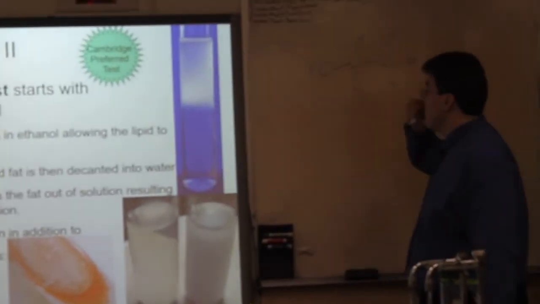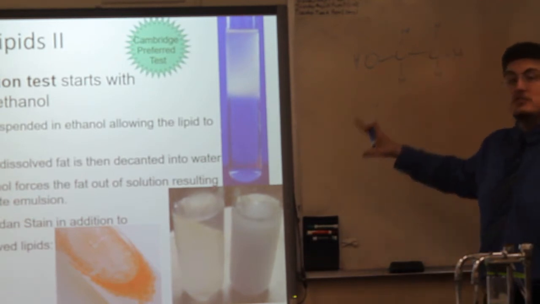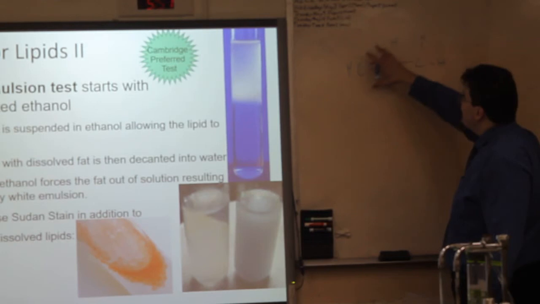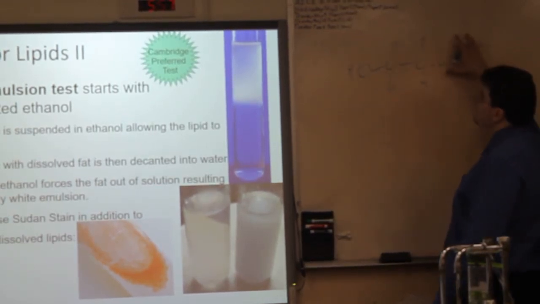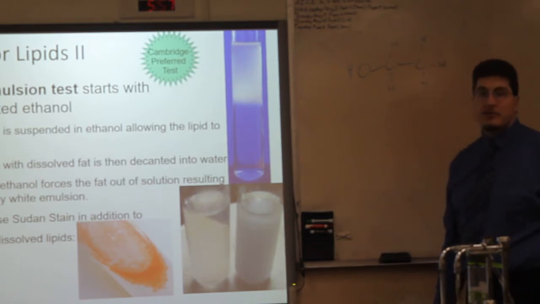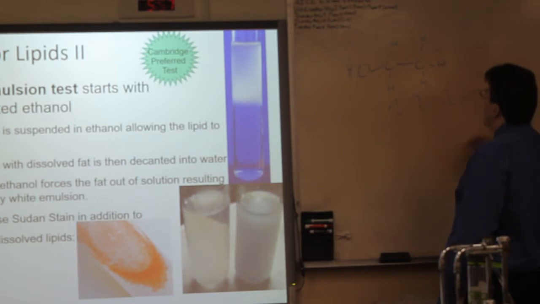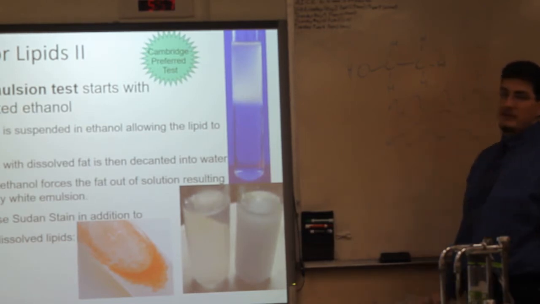So we take concentrated ethanol, and we use this, which has a hydroxyl group, a polar group, and a non-polar hydrocarbon chain. We use this to dissolve the hydrocarbon chains, that is the lipids.